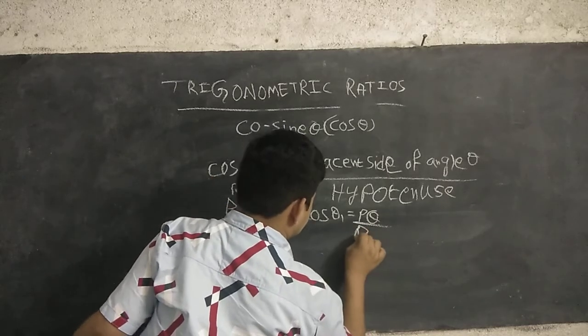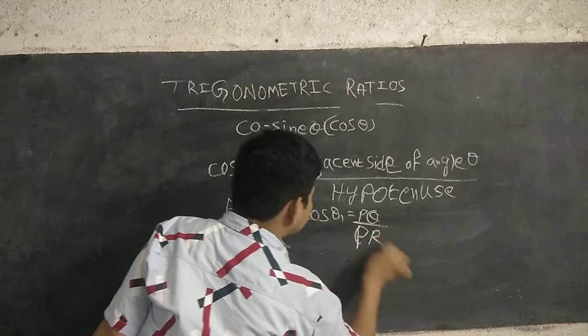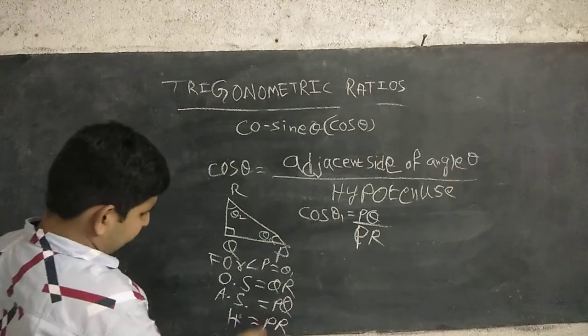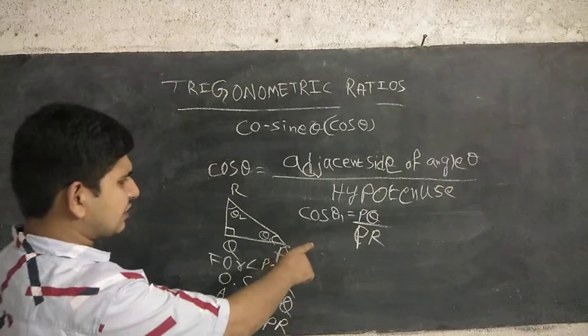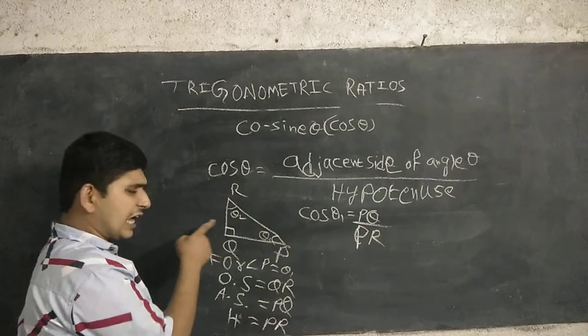PR is the hypotenuse. So cos theta 1 equals PQ by PR, using the figure.